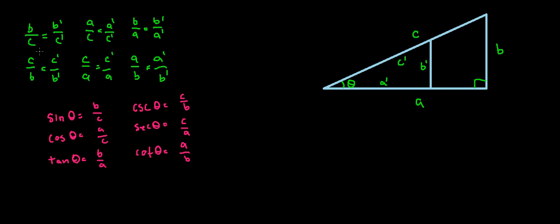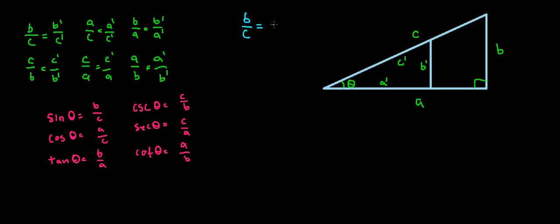That is what these trigonometric identities are going to be based off of. Now, since B divided by C is equal to a constant for some angle, it doesn't matter what size triangle I have. I could continue extending this triangle outwards, this way and this way, and the ratio of B to C, well, I should probably pick a different constant.